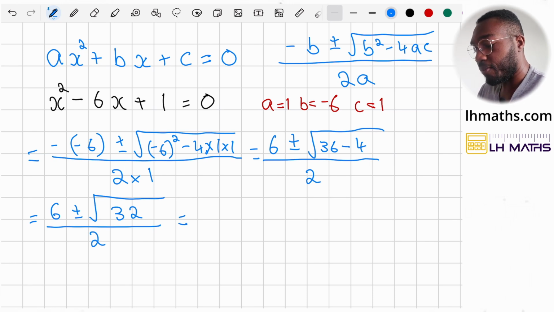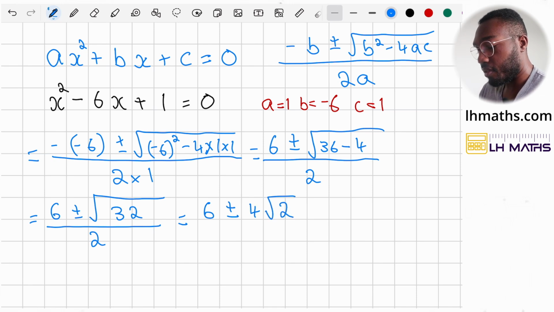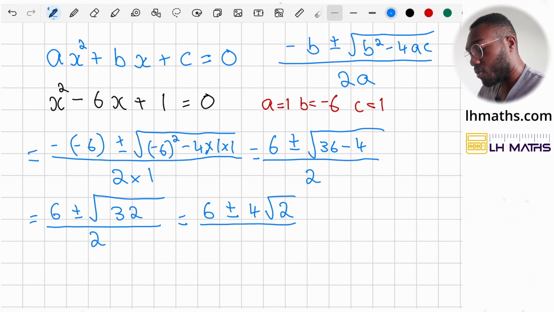Now next we can simplify down this square root of 32. So if you've done surds before, you know that that would simplify down to 4 root 2, okay? And then that is over 2. And then now what we can do is we can take out a factor of 2 from the top, because both 6 and 4, they go into 2.